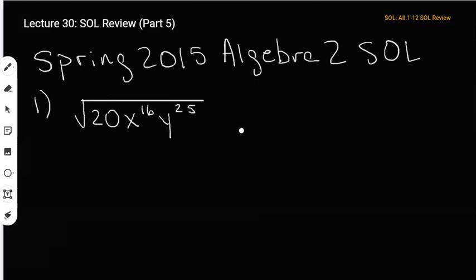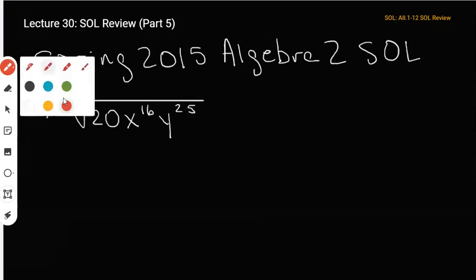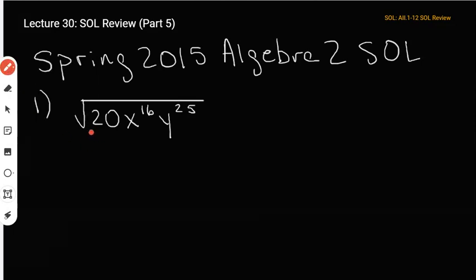So if I want to simplify something like this, I'm always going to start with the number first. This 20. Is there any way that we can break this down into perfect squares? What's the biggest perfect square that'll divide into 20? Was anybody able to get that?